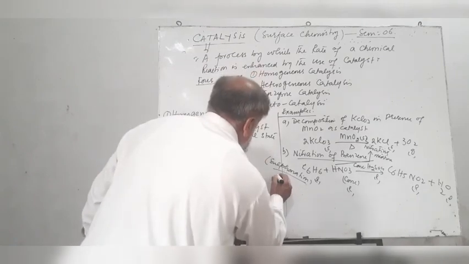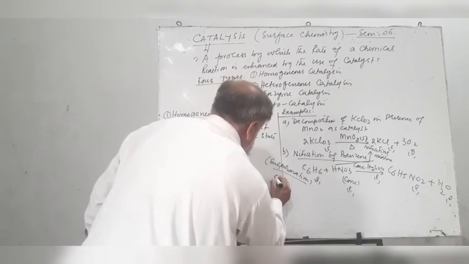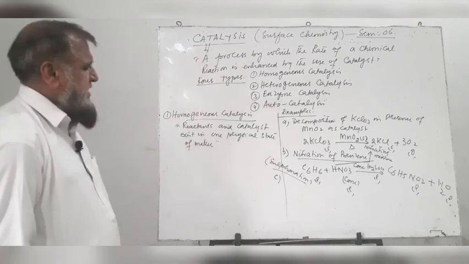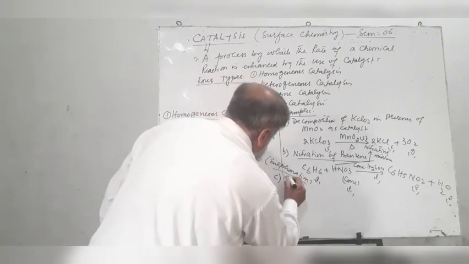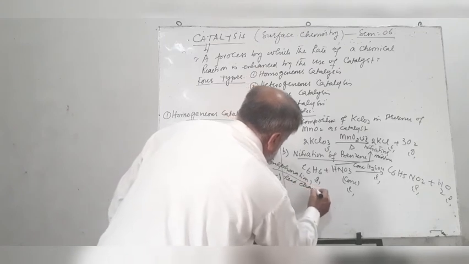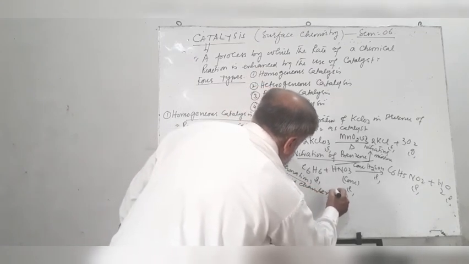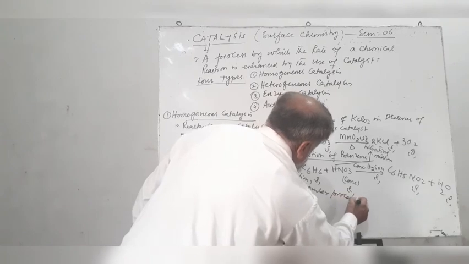Now benzene and sulfuric acid are reactants which are liquid, and H2SO4 also acts as catalyst, and it is also in liquid state. The third example of homogeneous catalysis is the lead chamber process for sulfuric acid, in which the reactants are gases and the catalyst is also a gas.